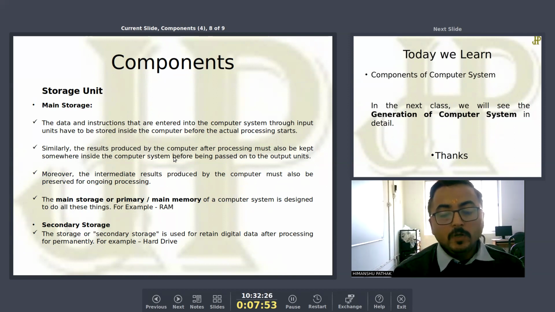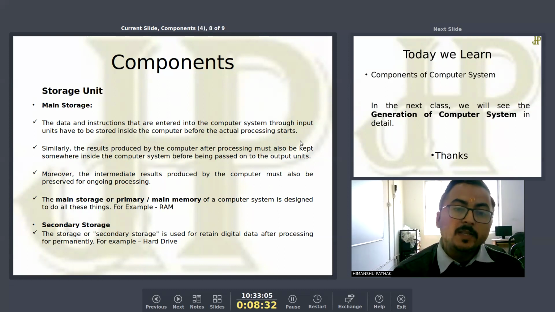As I told you, with the help of the input unit, we can transfer our data or instructions to the computer. Before going to the CPU, that data should be stored. So we need some storage. The data and instructions entered into the computer system through the input unit have to be stored before the actual processing starts.